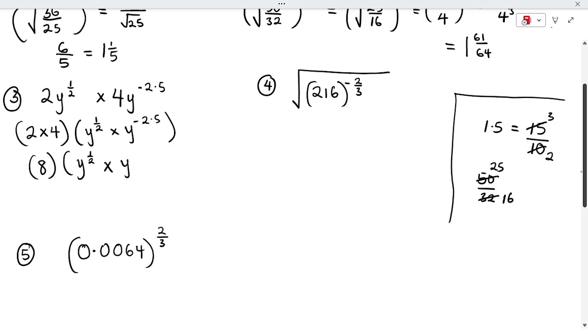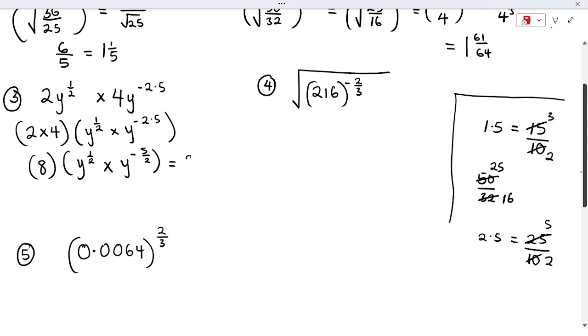So 2.5, convert it to a fraction: ignore the decimal, that's 25, make it over 1. Only one number after the decimal, so you add a single 0. Simplify, 5 divided into 25, 5. 5 divided into 10, 2. So 2.5 is the same thing as 5 over 2. That is minus 5 over 2.